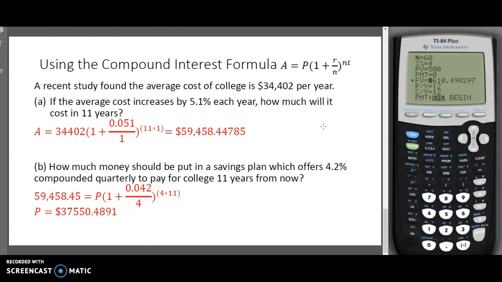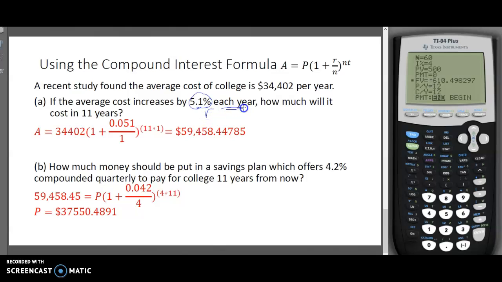So let's suppose we have seen a recent study that found the average cost of college to be $34,402 per year. If that cost increases by 5.1% each year, so when we see percent, we know we have a rate.